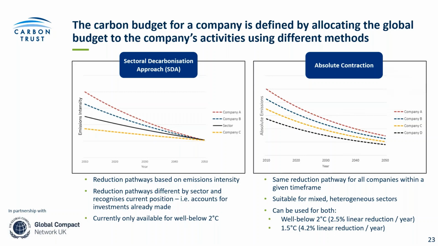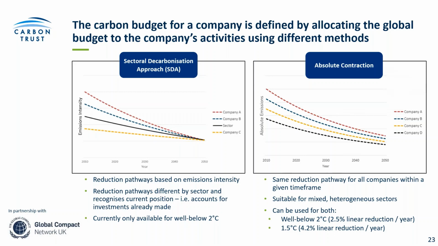Each company can follow the pathway assigned to its sector. The good thing about this approach is it does account for investments already made in terms of the starting point on that graph. The limitation of the SDA approach today is that it's currently only available for a well below 2-degree pathway, and there is no 1.5 degree sectoral approach today, although that is currently in development and due to be released later this year.